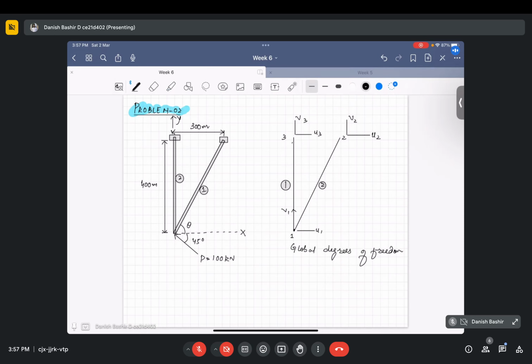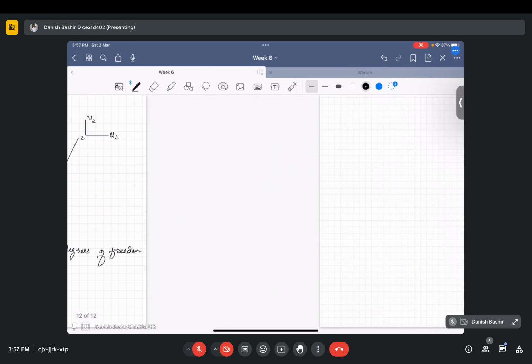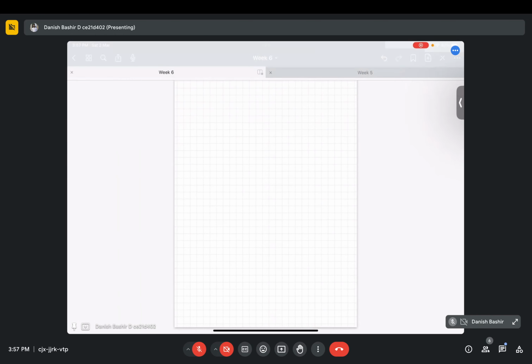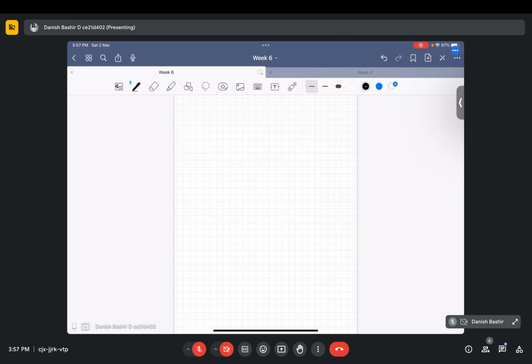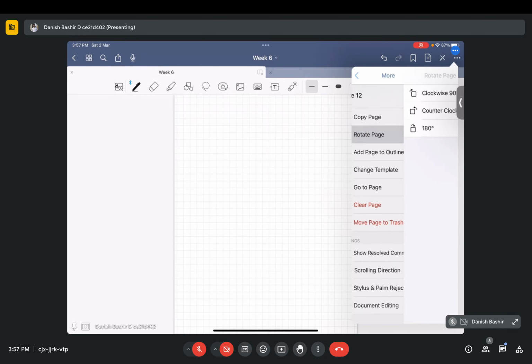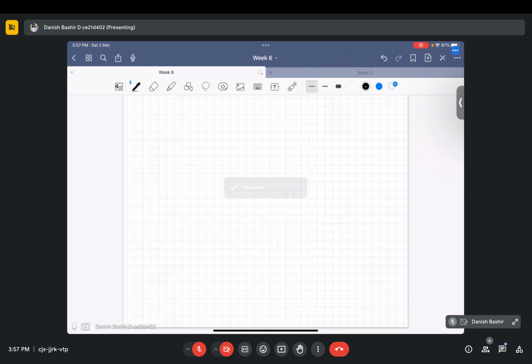This is problem 2. Quickly we will find its solution. So its solution will be like this.